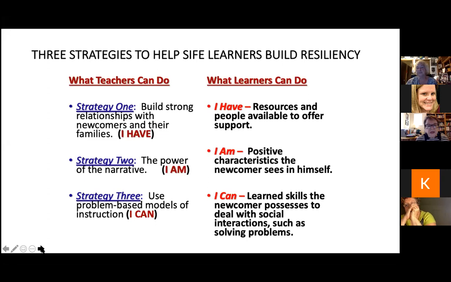But the I can keeps growing as you keep learning your language. Your I can ability keeps growing and growing. And you think about your own self, over the times of your life when you've learned something new, and how you can do more and more, so that you can then talk about what you can do, and teachers will help them with their learning about what they can do. Okay.